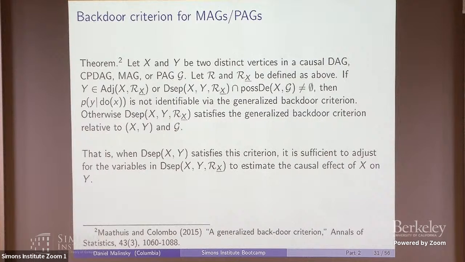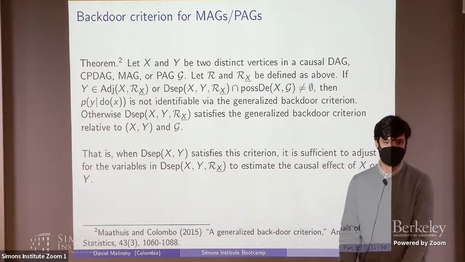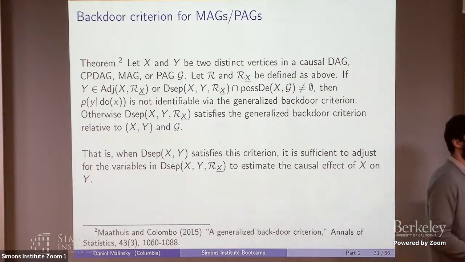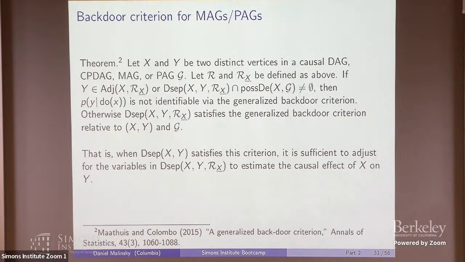At least the version Jiji did is not complete, but then there's some more recent work by Bareinboim and co-authors that adds to that as well. So this is all a way of saying that there's stuff you can do with a given MAG or PAG if you're interested in stuff like backdoor adjustment or do calculus, but it's not quite as easy or well developed or complete as the theory for ADMGs in general.